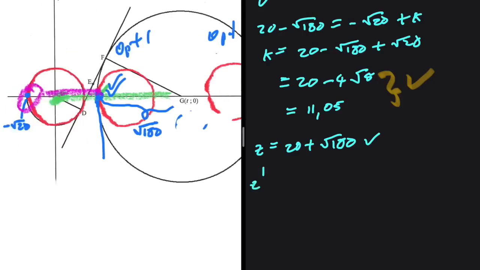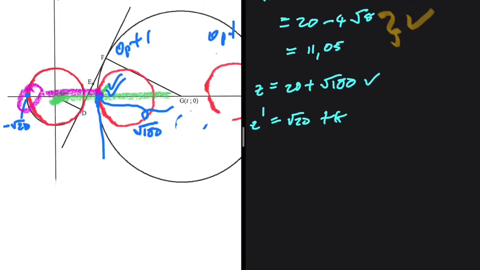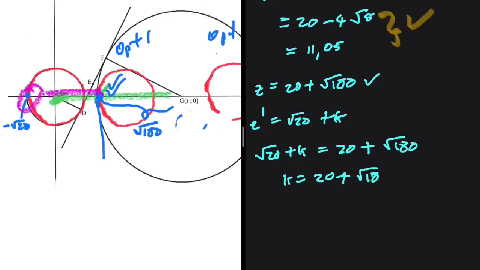But z prime now will be equals to square root of 20 plus k and not minus square root of 20 plus k. Okay, so if we equate these two, we get square root of 20 plus k is equals to 20 plus square root of 180. So k is equals to 20 plus square root of 180 minus square root of 20.